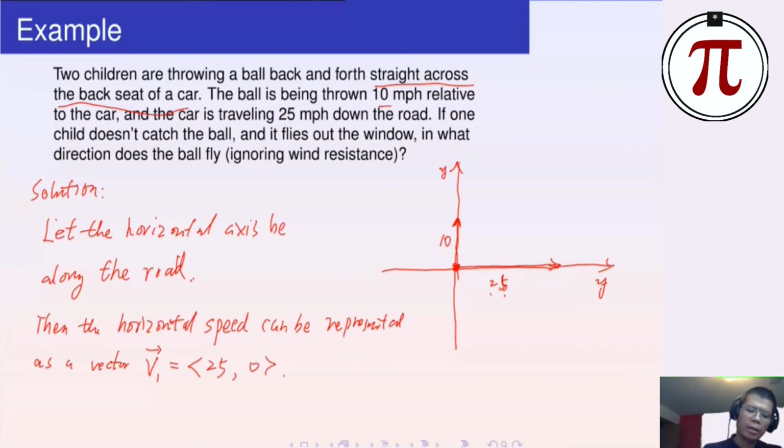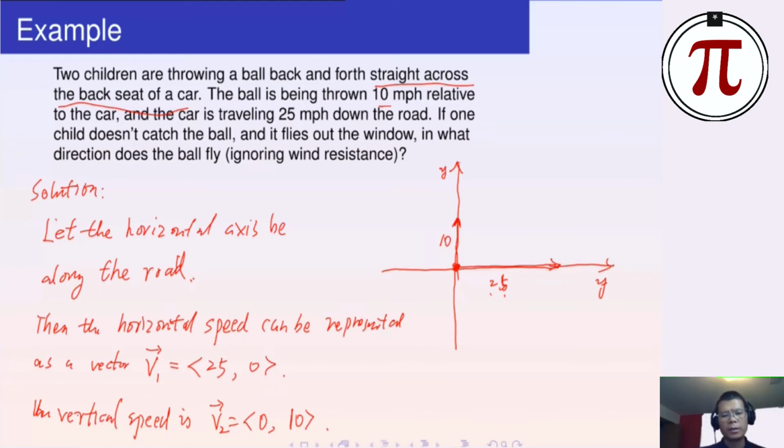And the vertical speed is V2, which equals what? 0, 10. Right? Okay. So therefore the what?